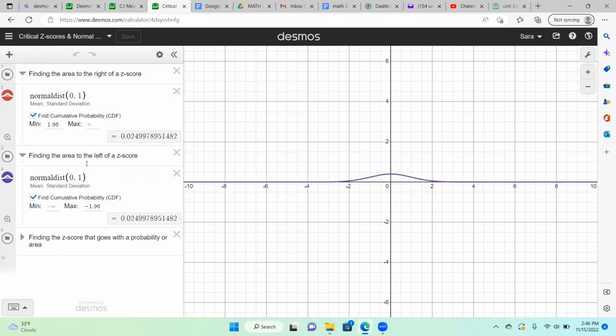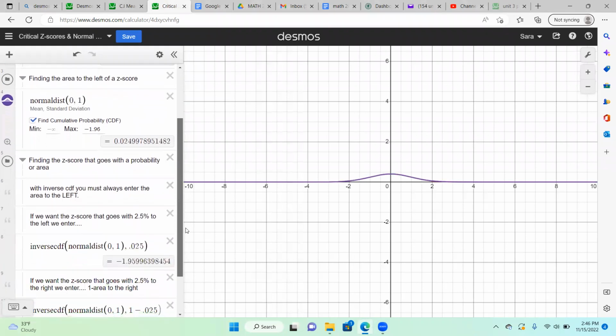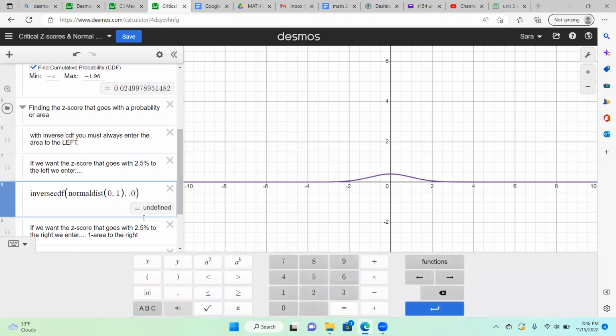We want to find the area to the left of it. So we want to find a Z-score that goes with the probability. So we're going to open that. And we want to have 0.01, and it doesn't matter which one you do because Z is symmetric. So 0.01, and it tells you it's negative 2.326, but remember that they're symmetric, so we're going to use the positive of that.